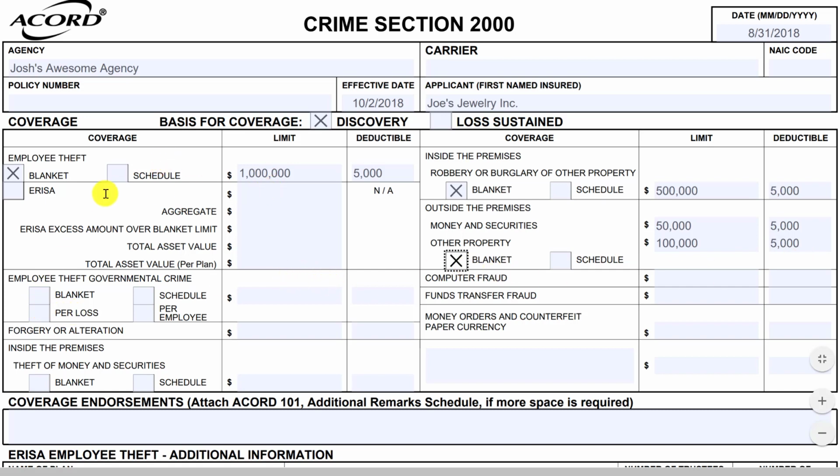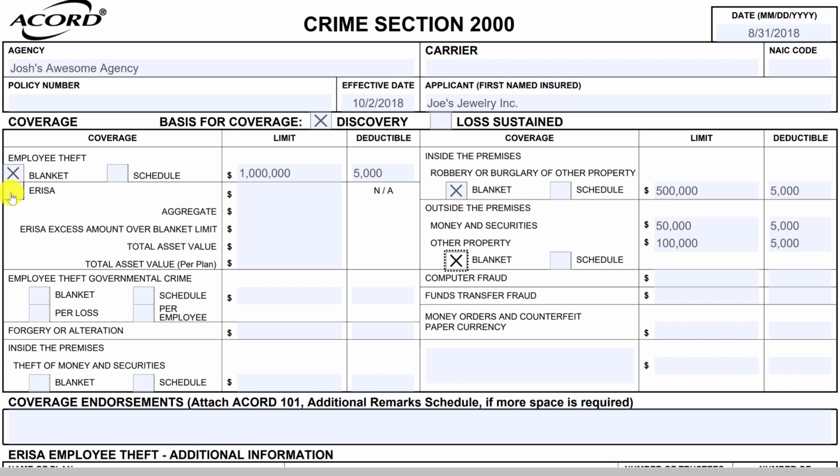Okay, ERISA. Oh boy, this is a whole conversation. So basically, ERISA applies if the business has employees and they have any sort of retirement plan, like a 401k or something like that. And this is why it always stumbled me a little bit: this is actually looking more for a bond.